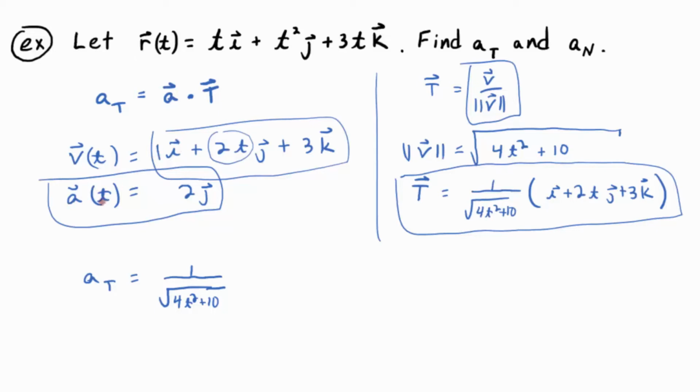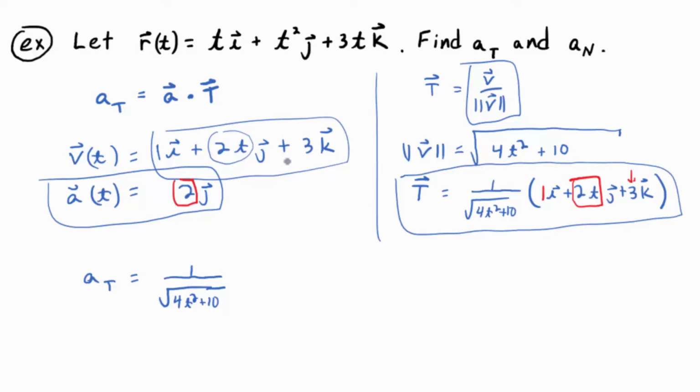Now, if a of t is just equal to 2j, what does that mean about the i and k components? They're both 0. So when you take the dot product, are those components going to give you anything? No. If you multiply 0 times 1, you get 0 from the acceleration vector. If you multiply the k component, 0 times 3, you get 0. The only multiplication that matters from the dot product is what we get when we multiply the j components together.